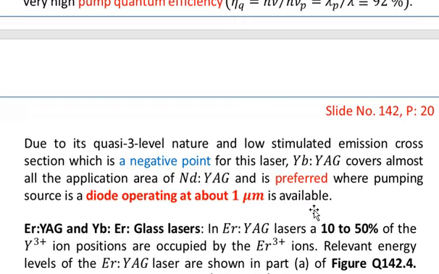So if the pumping source is a diode laser, we can prefer the ytterbium-YAG laser over the Nd-YAG laser in all the applications where Nd-YAG is used, provided the pumping source is a diode laser.